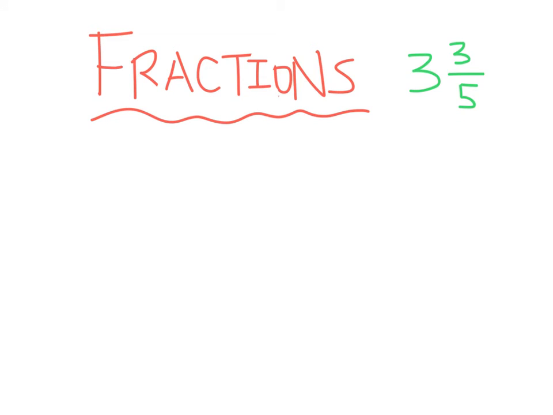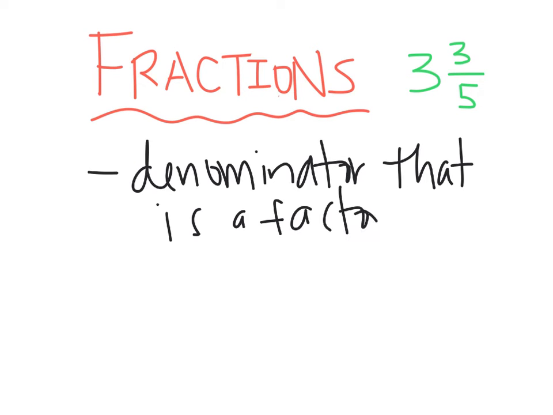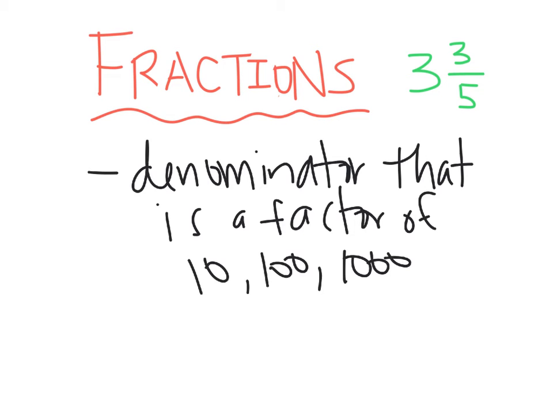Let's talk quickly about fractions. When you are changing a fraction into a decimal, you want to make sure that you are looking at the denominator first. So if you have a denominator that is a factor of 10 or 100 or 1000, then you can easily change the fraction into a decimal.